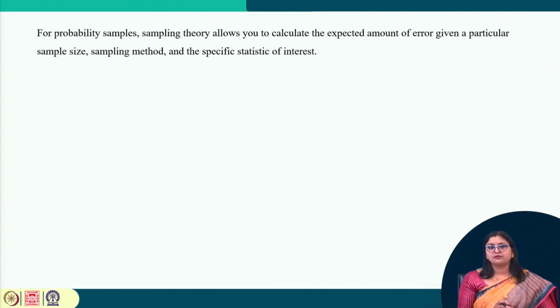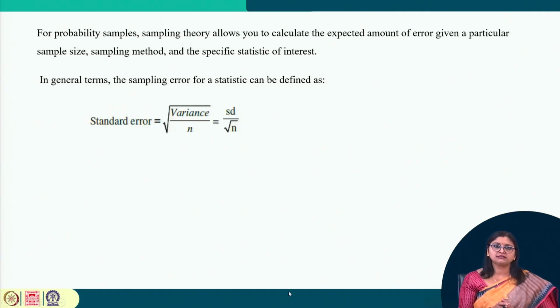For probability samples, sampling theory allows you to calculate the expected amount of error given a particular sample size, method and specific statistic of interest. In general terms, the sampling error for a statistic can be defined as the standard error, which is equal to the square root of variance upon n, that is equal to SD upon square root of n.